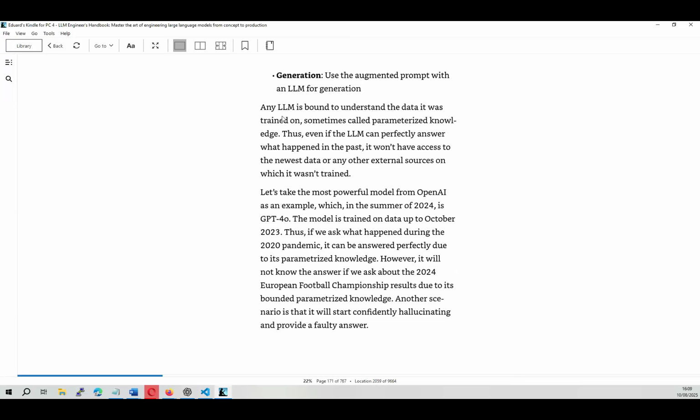And all these chunks are then embedded using various embedding models. I want to emphasize the embedding a little bit because this step is super, super important.